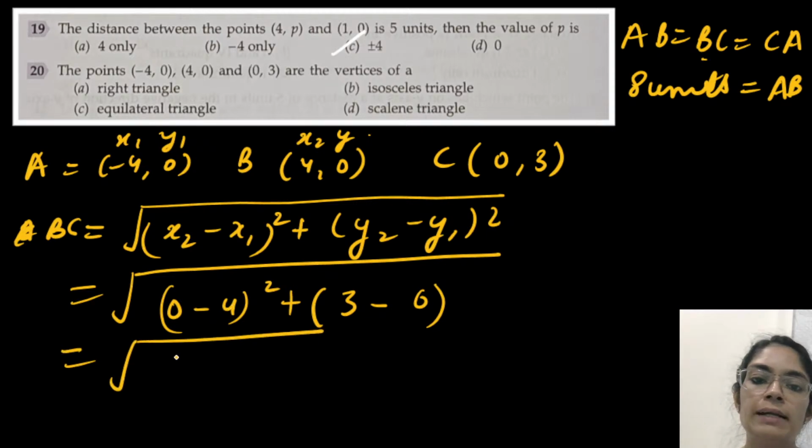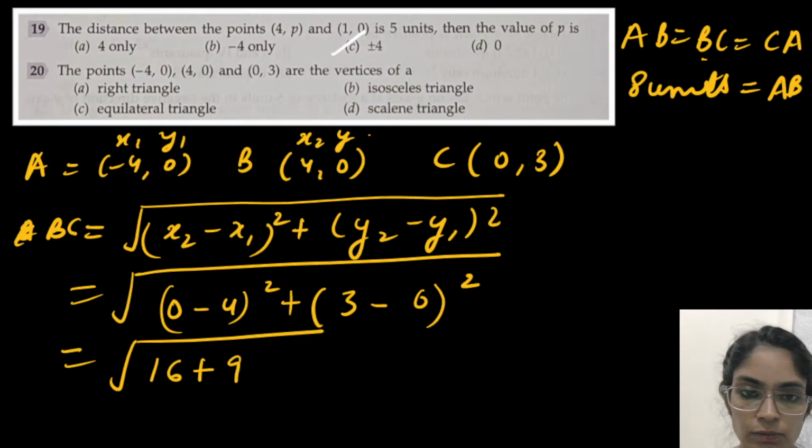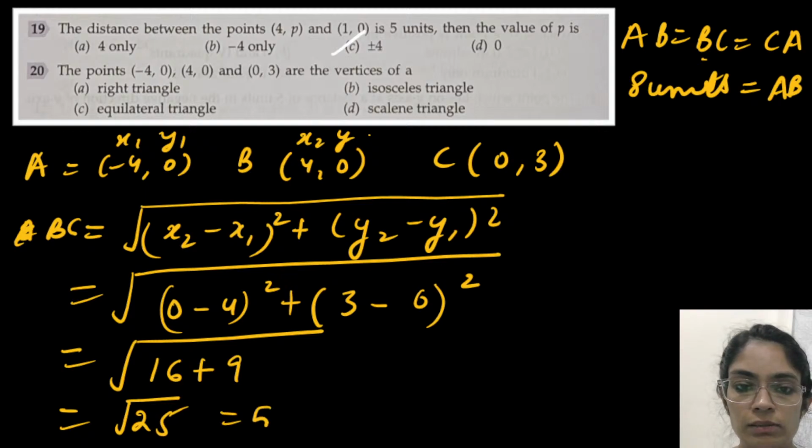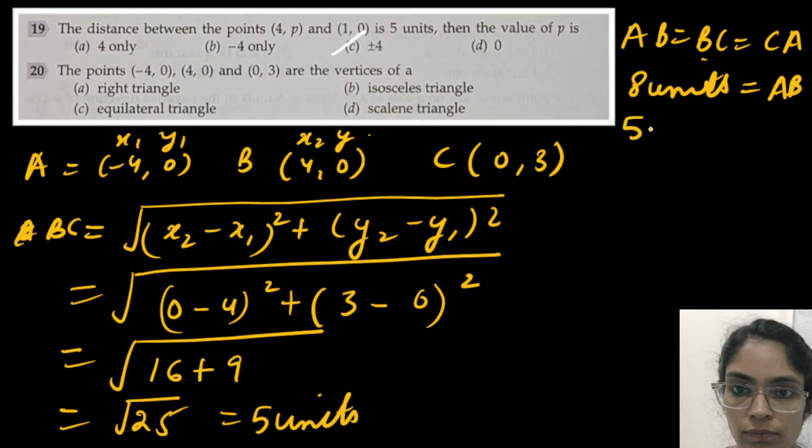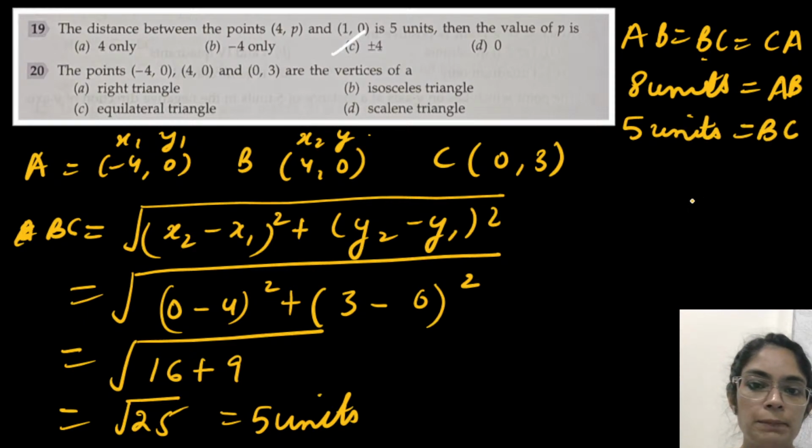So 0 minus 4 is minus 4, square 16. 3 minus 0 is 3, 3 square is 9. So this will get root 25, which equals 5 units. So we got the value of BC as 5 units. Just keep on checking my answers, because sometimes I can also make mistakes.